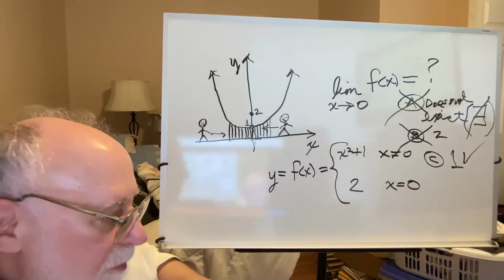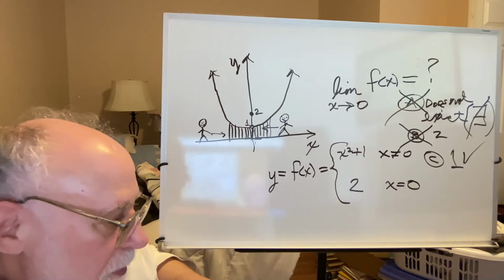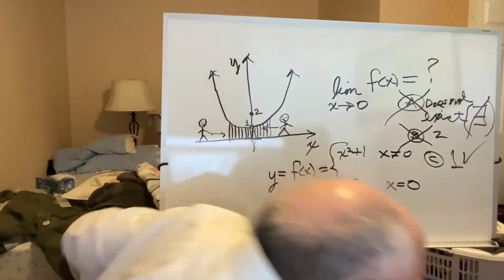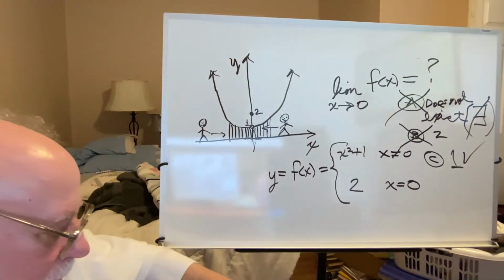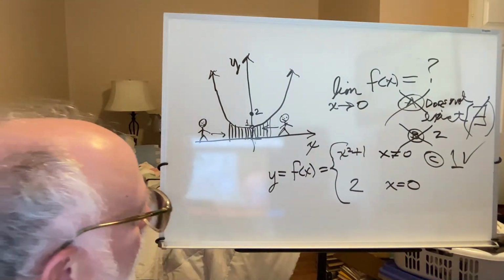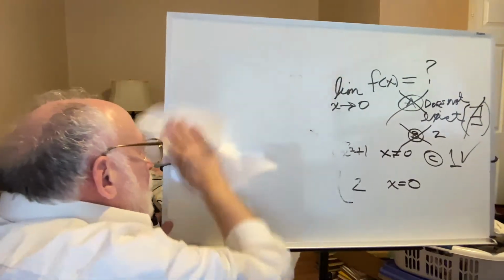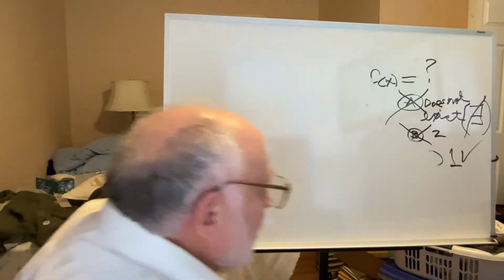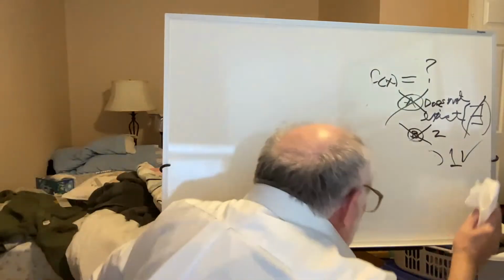So now I'll try to do an example to edify you as to what limits might be. There's an illusion of motion there, approaching from the negative side and the positive side.